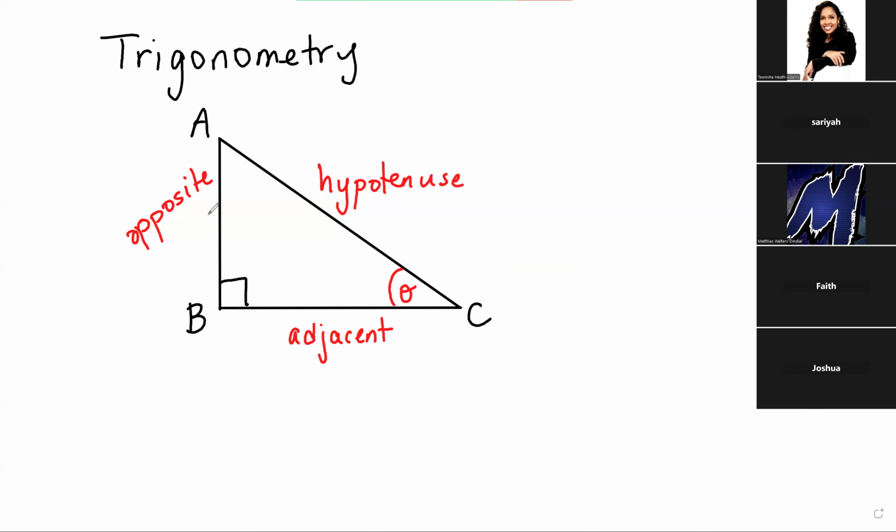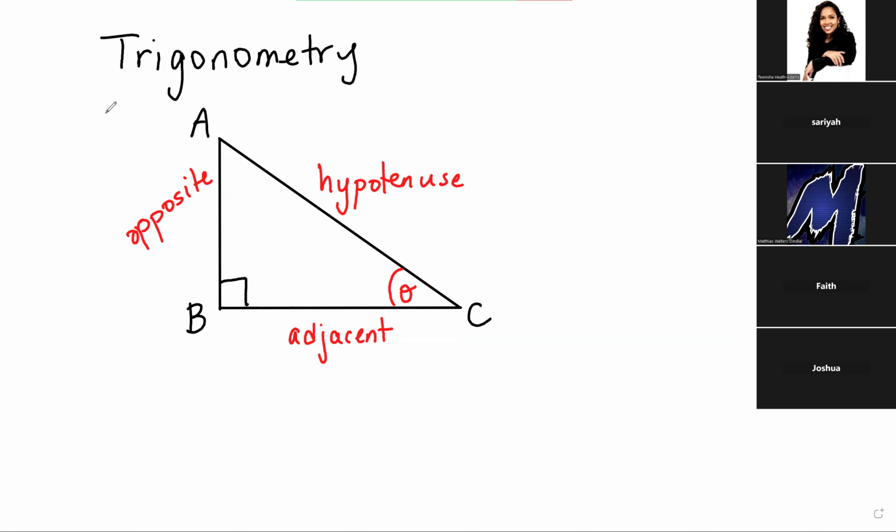But the other two sides, the opposite and the adjacent, are named or identified according to where the angle of reference is. So, for instance, if I had instead put the angle of reference over here at A, then BC would be the opposite side and AB would be the adjacent, right? So those two other sides are named according to where the angle of reference is.